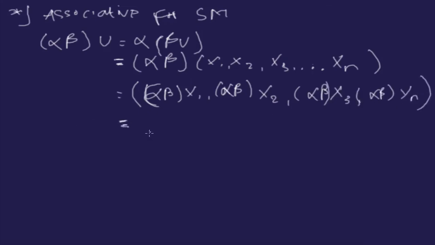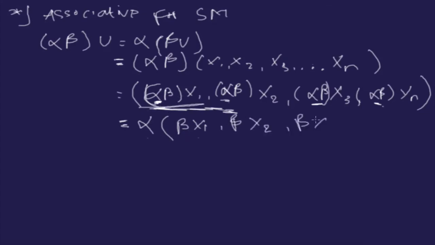And then we can take alpha out of the bracket, so it means alpha times (beta x1, beta x2, beta x3, up to beta xn). So this is alpha times beta u.